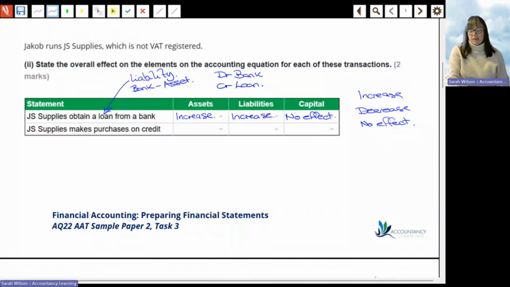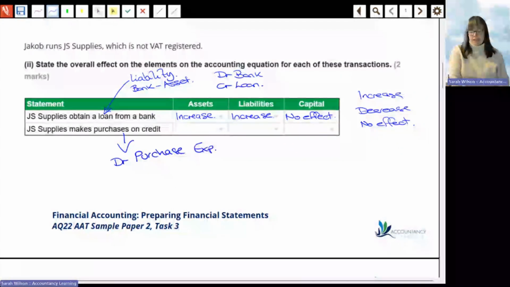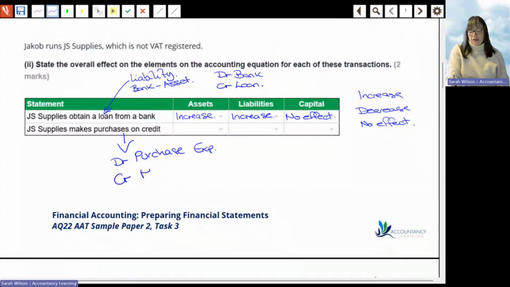JS Supplies makes purchases on credit. So purchases then, we will have our debit into the purchases account, which is our expense account, and the credit into the payables ledger control account, which is our liability account.